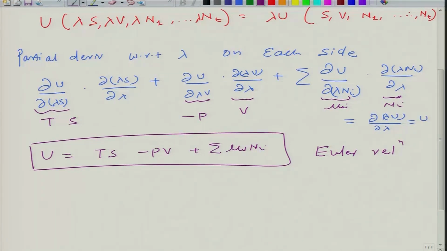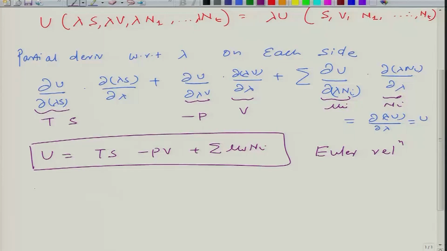Okay. Now, you can do a similar exercise not just considering the internal energy, but if you consider entropy as a function of U, V and so forth, then you should be able to obtain a different expression for Euler, which would be something like this.